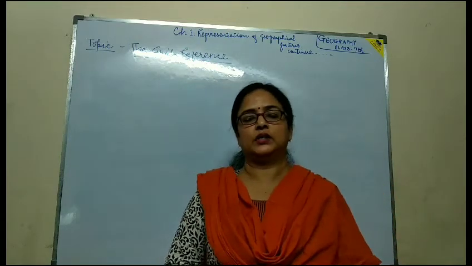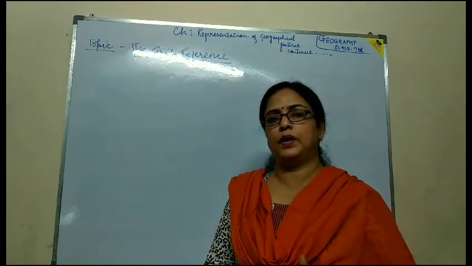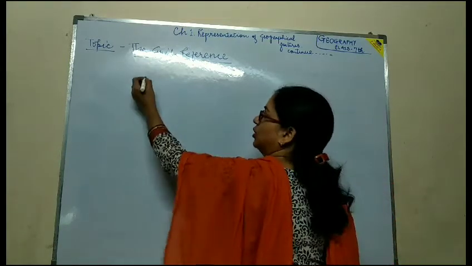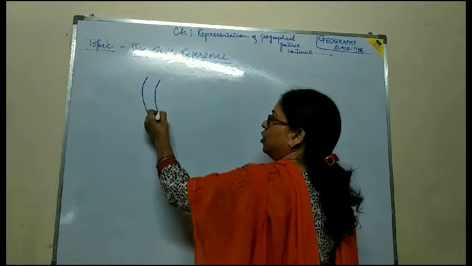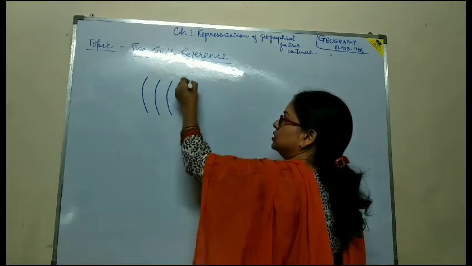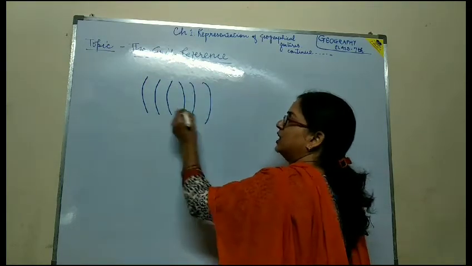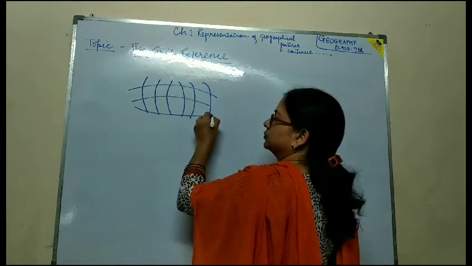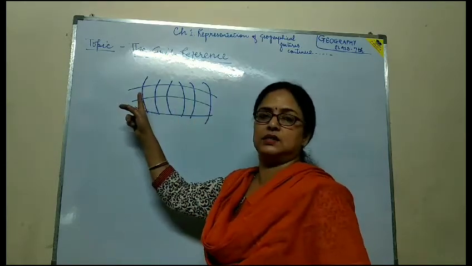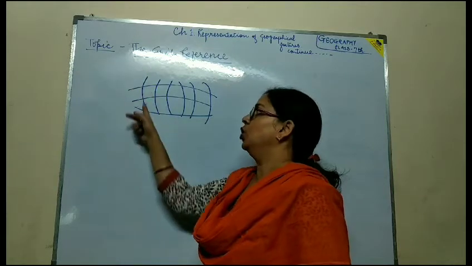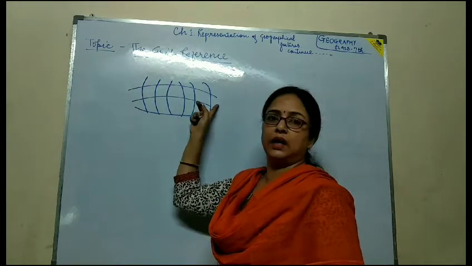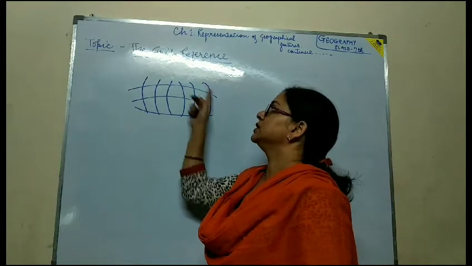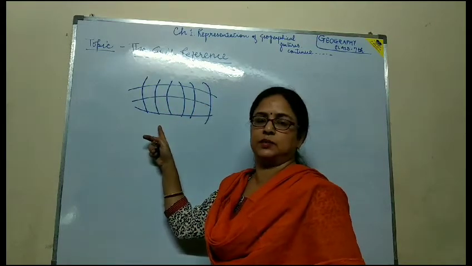Students, if you have noticed, in the map, in the globe, in the atlas, some lines are drawn from north to south as well as from east to west. These lines are called the longitudes and the latitudes, or in other words, the parallels and the meridians.